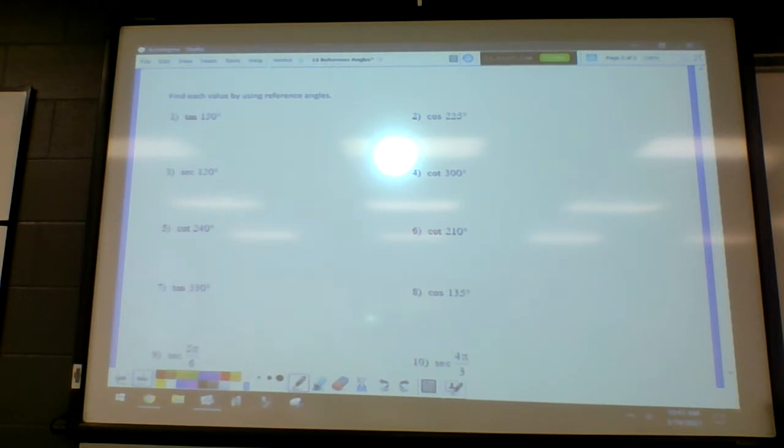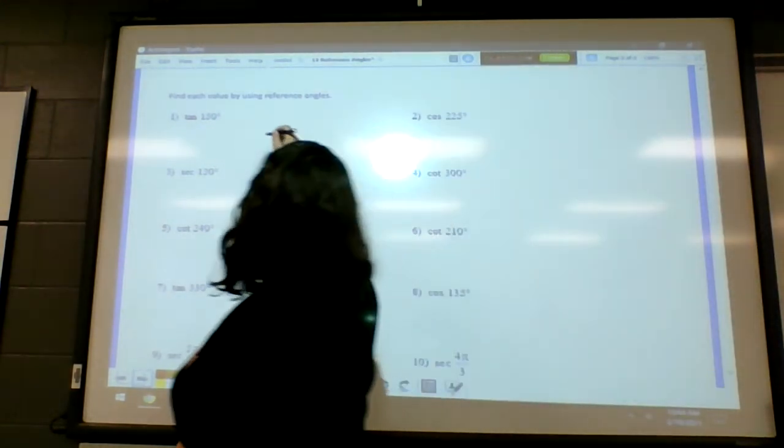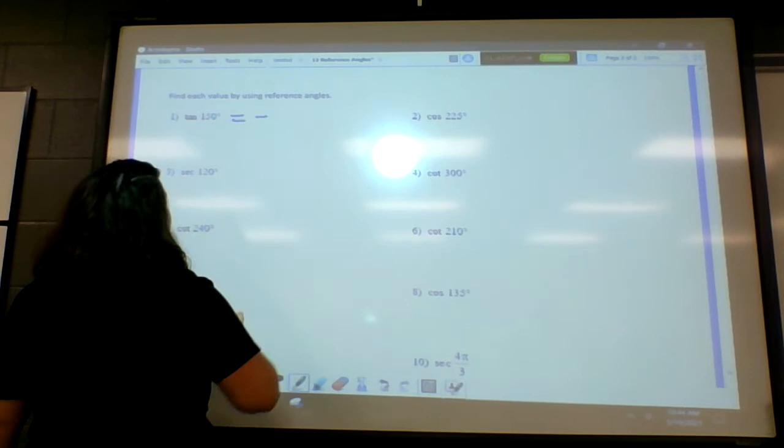functions, or as much as we can do in the next 15 minutes. I bet we'll get pretty far. You ready? All right, tangent of 150. Let's start with what quadrant 150 is in. The second quadrant. So will tangent be positive or negative? Tangent will be negative because sine and its reciprocal is positive. So we know that this is a negative number.